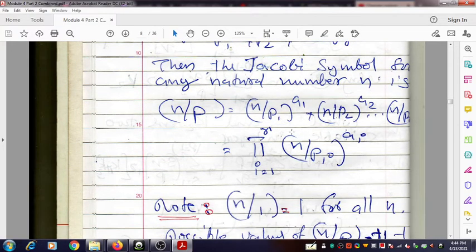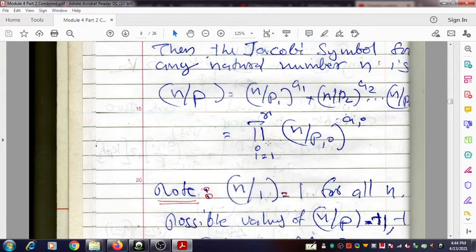This expression can be represented using the product symbol, pi, where i varies from 1 to r, of (n bar pi), the whole raised to ai.